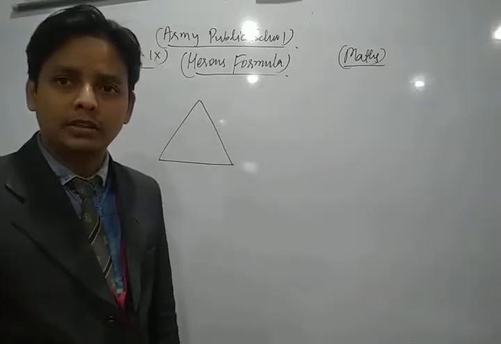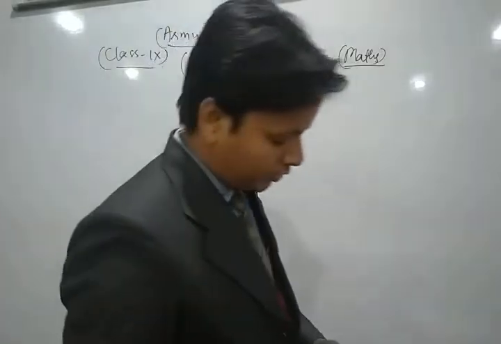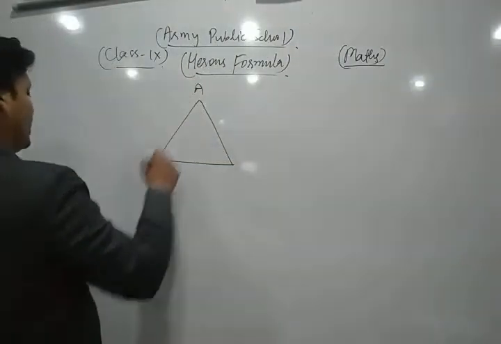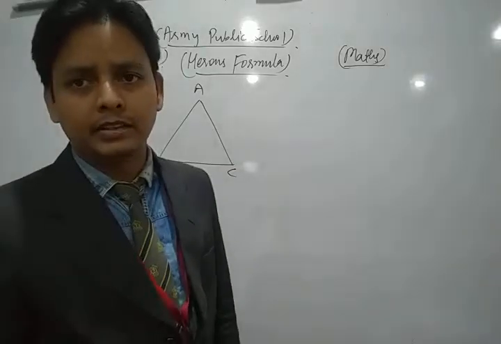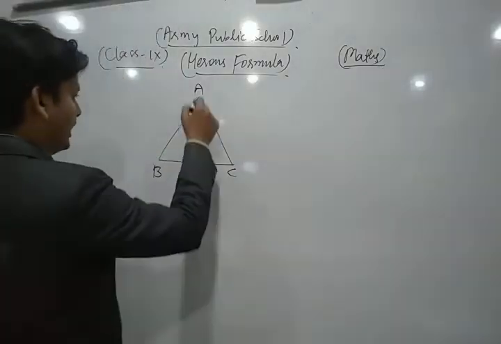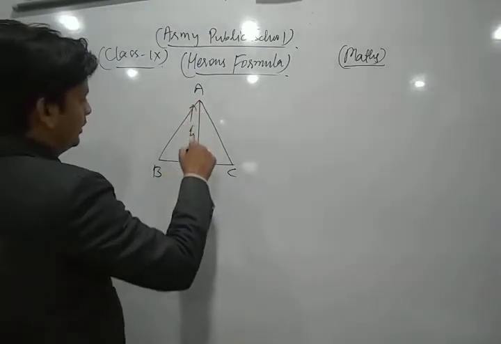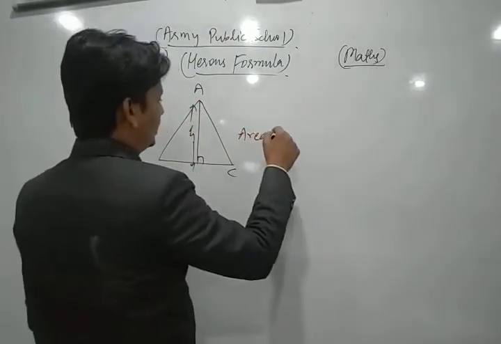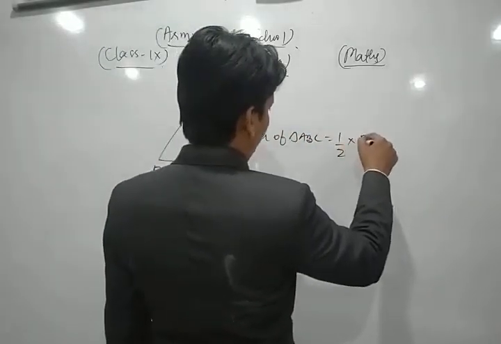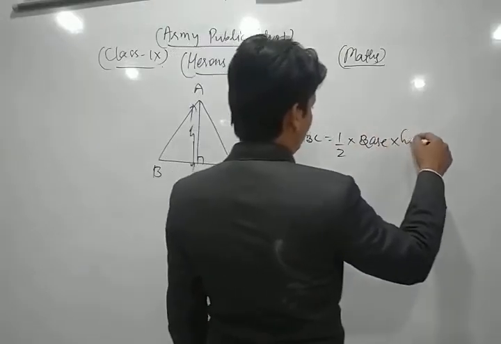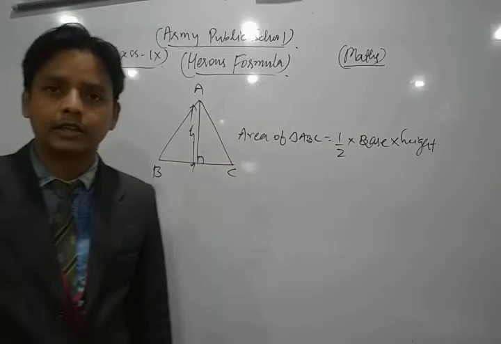We also know other formulas for the area of a triangle. If the base and altitude, or perpendicular height, are given, then the area of triangle ABC is 1 upon 2 base into height. This is the common and very general formula to find the area of a triangle.